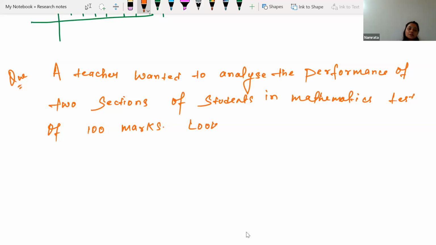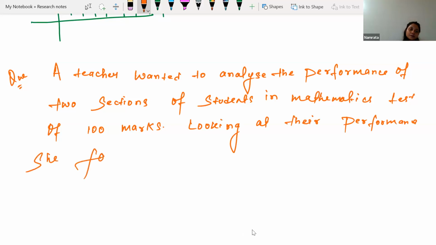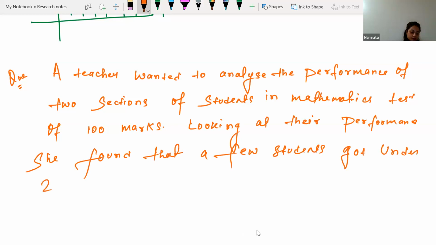Looking at their performance, she found that a few students got under 20 and a few got 70 marks or above.